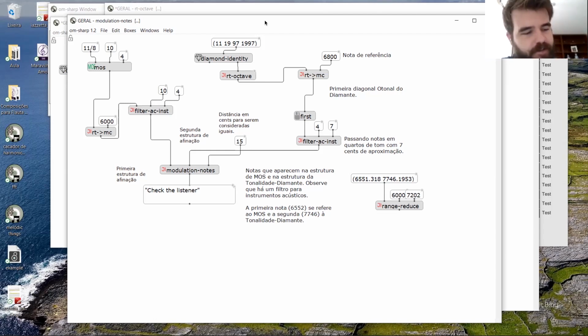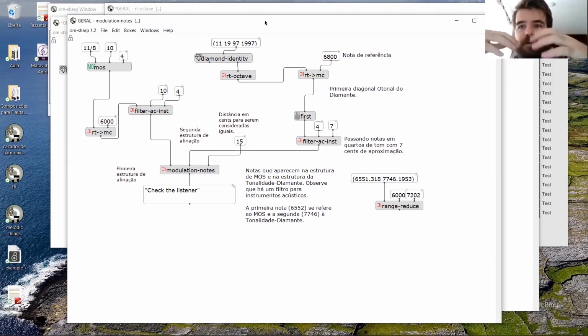In the analysis of quartet number 5 of Ben Johnston, Daniel Huey sees that it's very important to Ben Johnston to work with common notes between two different tuning systems. When he modulates from one tuning system to another, he will use notes in common to do it.